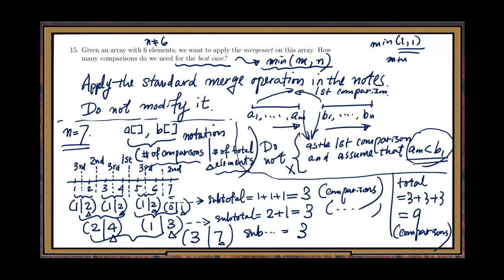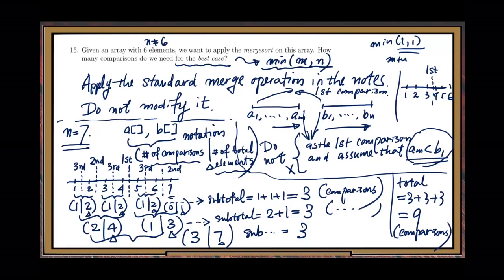When n equals 6, the first split is 3, 3, right? Because you have 6 elements, 1, 2, 3, 4, 5, 6. You split in the middle. So the first split is 3, 3. Then next, the second round and the third. So that's the hint for question number 15.